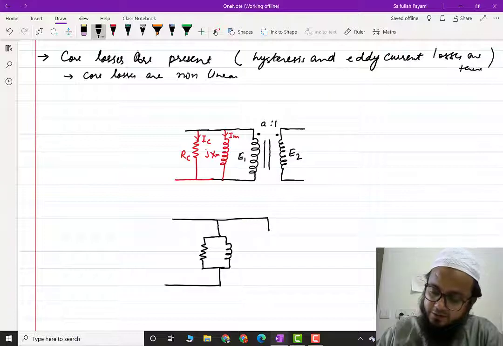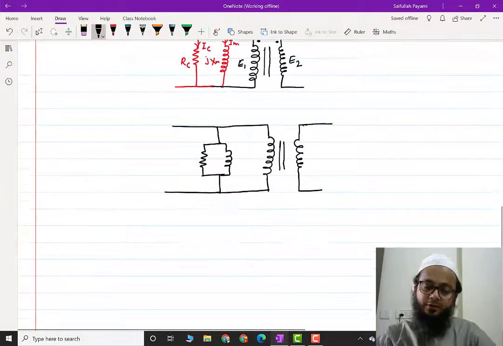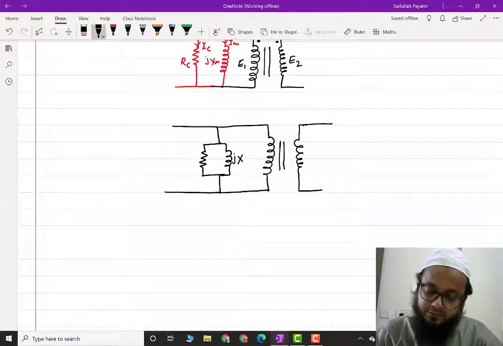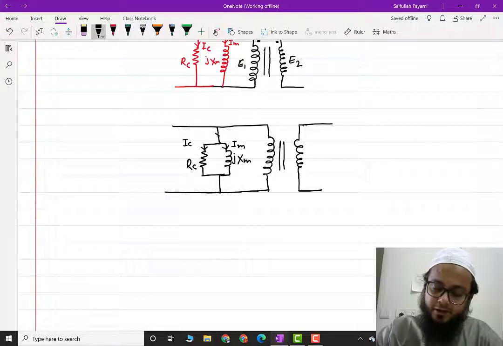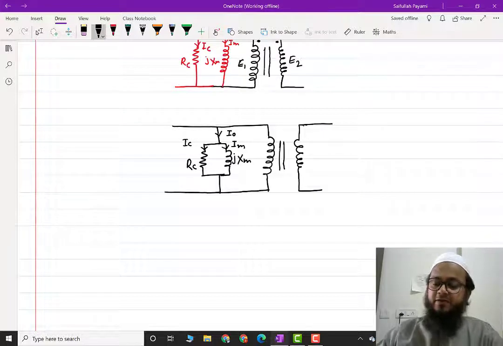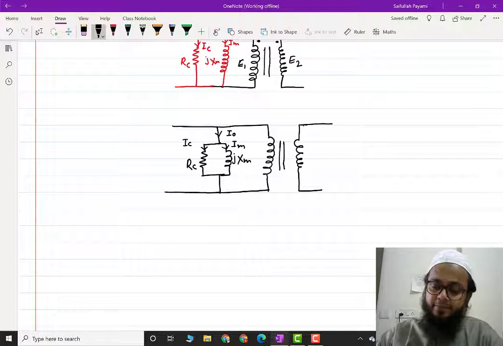This is your jXM and this is your RC, and the core loss is drawing the current IC here, and jXM is drawing the current IM here, and combined, it will be a no load current, even if there is no load connected at the secondary of the transformer, which you can see here.